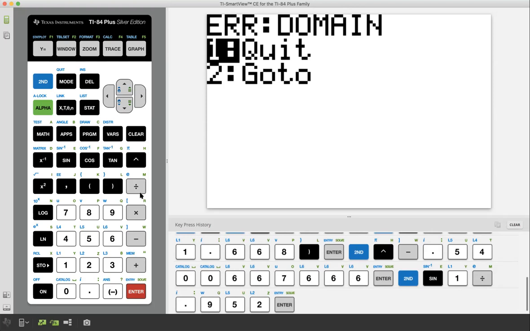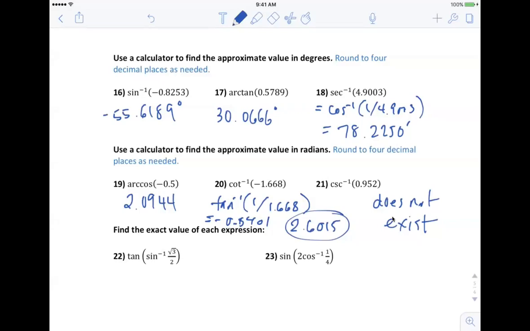Okay, so if I jump back to my handout and explain that a little bit more, and then we'll take a break. How do I get back to my handout? Where is it? So this one here, right? I'm looking at that value, cosecant inverse of that value.